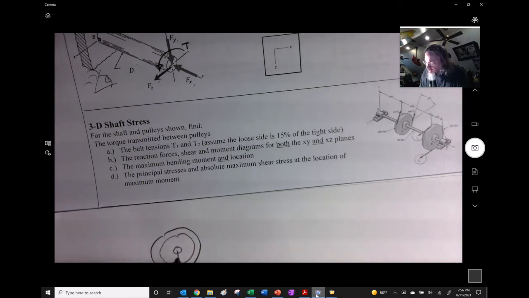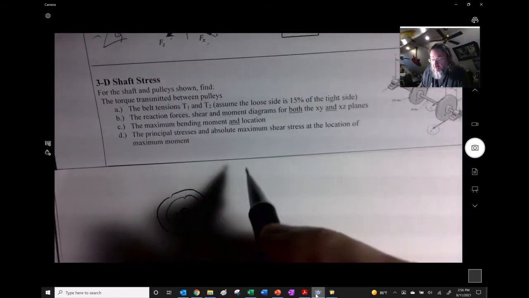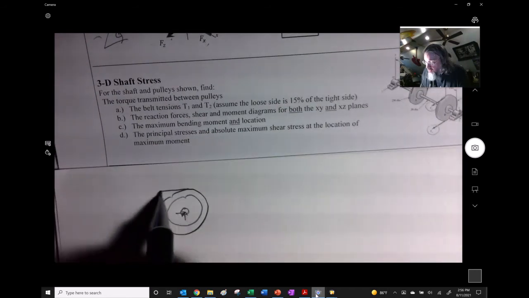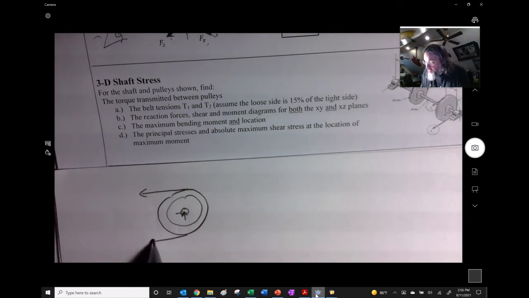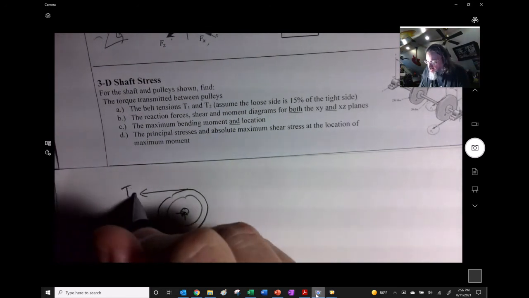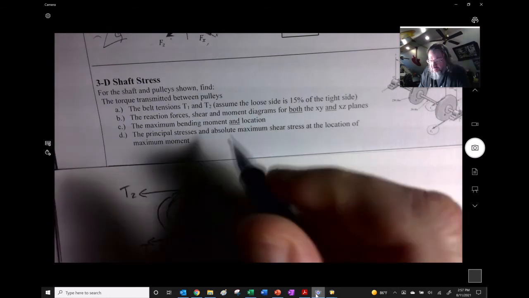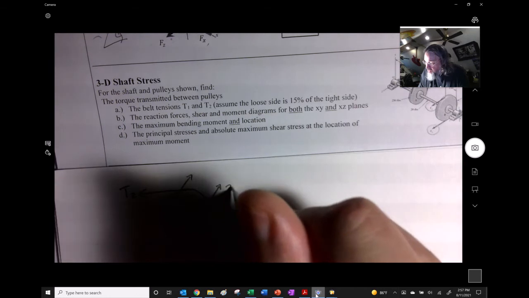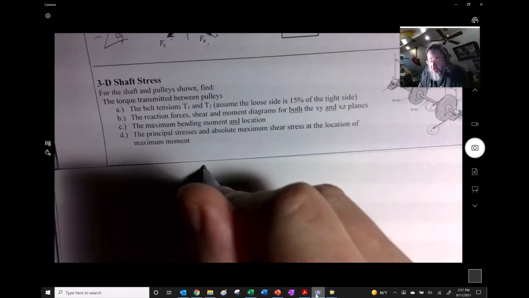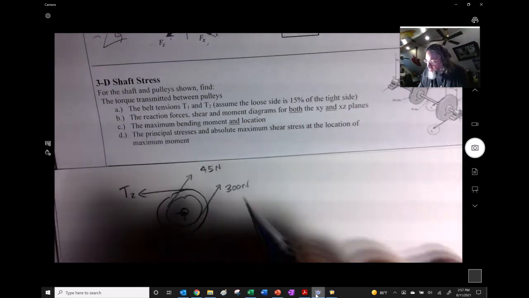And we're not going to put in anything with the reactions right there. So the one in the foreground is bigger, so that's the one that actually we want to find. And this is T1, and this is T2. And this right here, they're going up at a 45-degree angle. We're told this is 300 newtons, and this is 45 newtons, right?